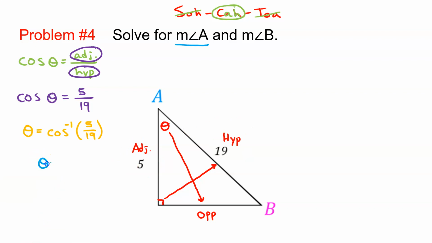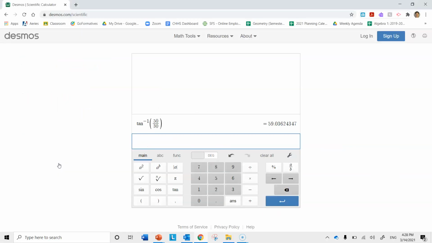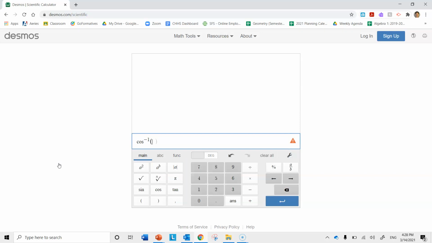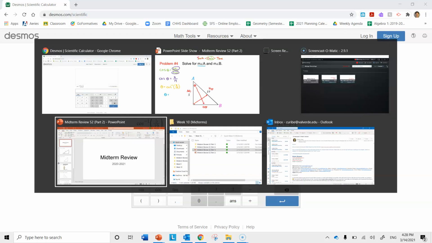All right, so theta is equal to, and we'll round this to the nearest whole degree, cosine inverse of 5 over 19. Clear? So function, cosine inverse, and it's 5 divided by 19. We get a total of 74.7 degrees.